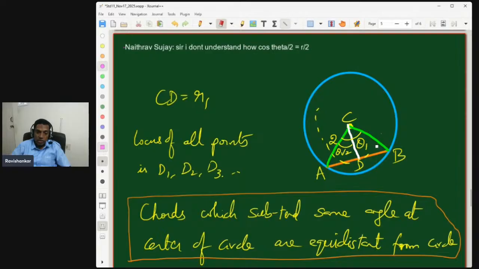The locus is to tell you the radius of the circle. So if you start from here, this angle is theta 1. So if this is r1, angle ACD is equal to theta 1 by 2. If you want, you can mark this as theta 1 by 2.